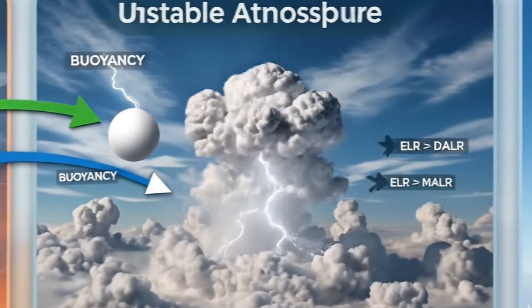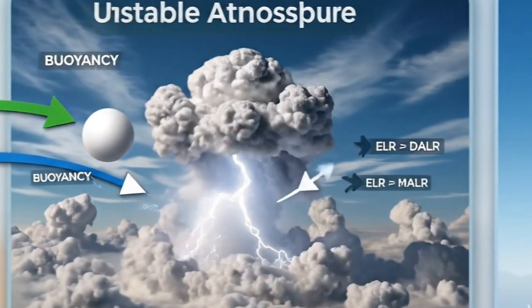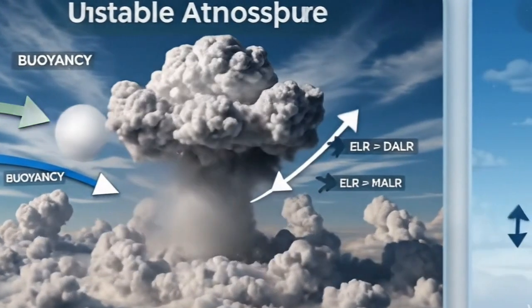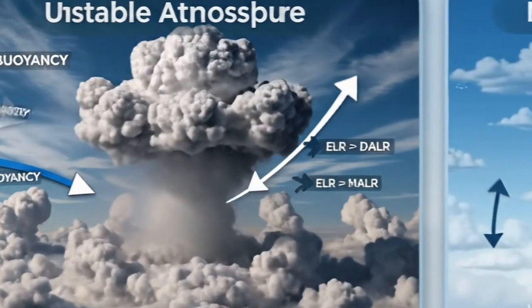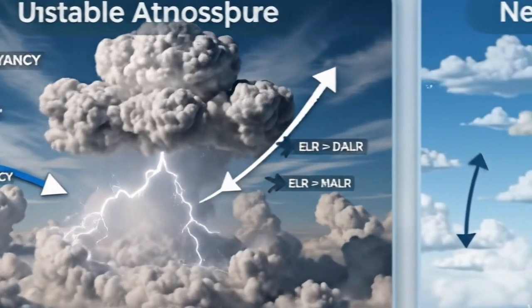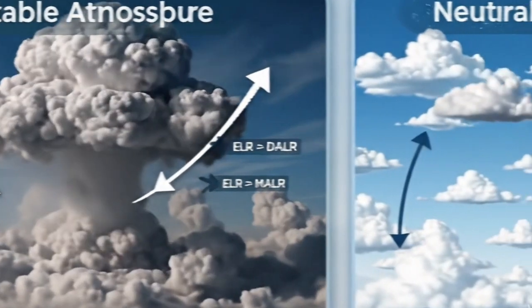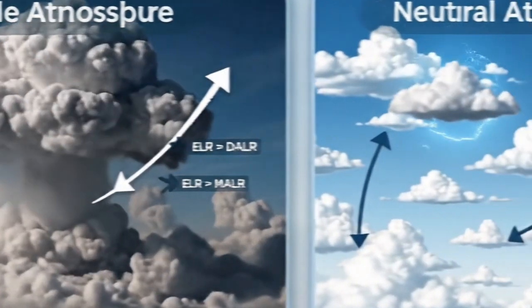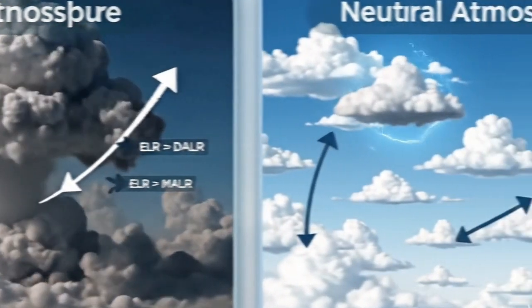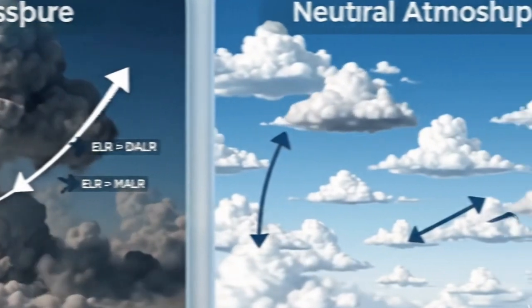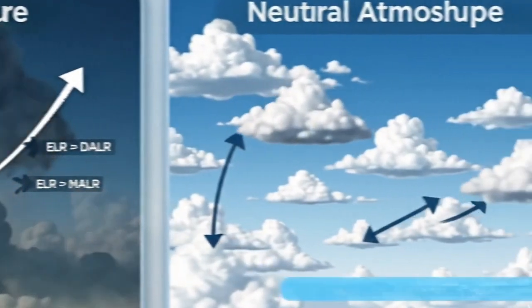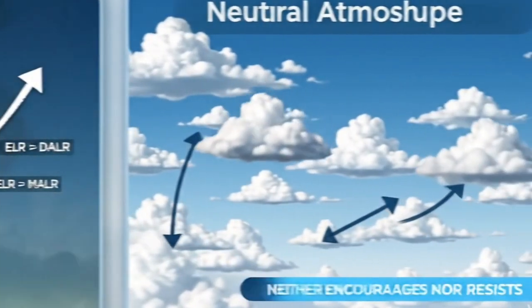To understand vertical stability, meteorologists often imagine a small parcel of air that is lifted upward from its original position. As this parcel rises, the surrounding atmospheric pressure decreases, causing the parcel to expand and cool. The rate at which the air parcel cools is known as the adiabatic lapse rate.